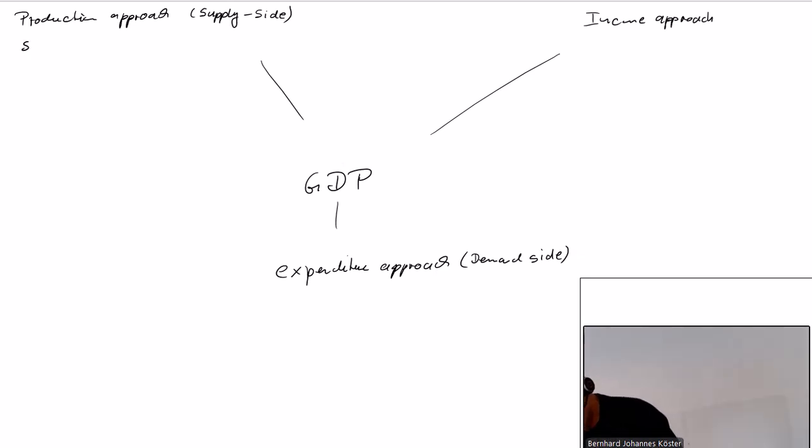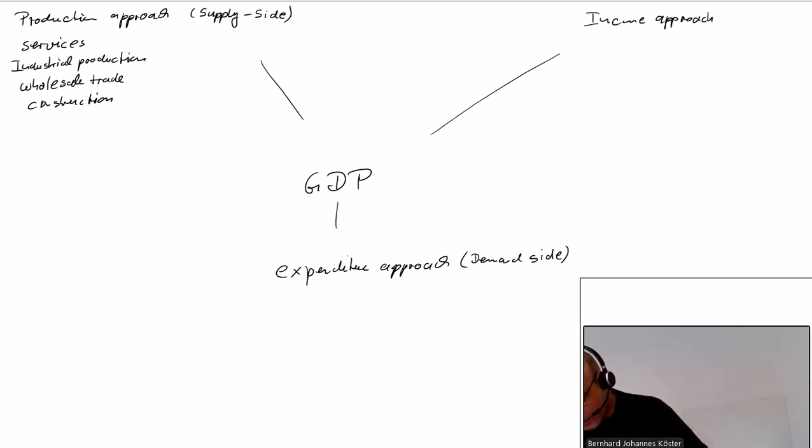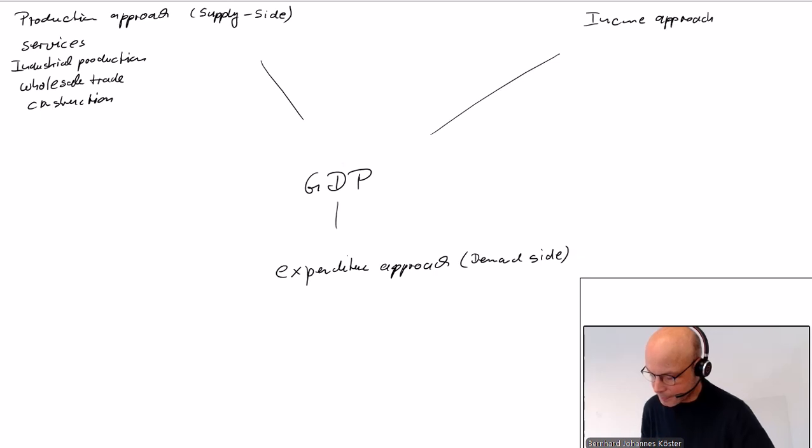We had the services sector, we had industrial production and wholesale trade, construction, and I think that was it.